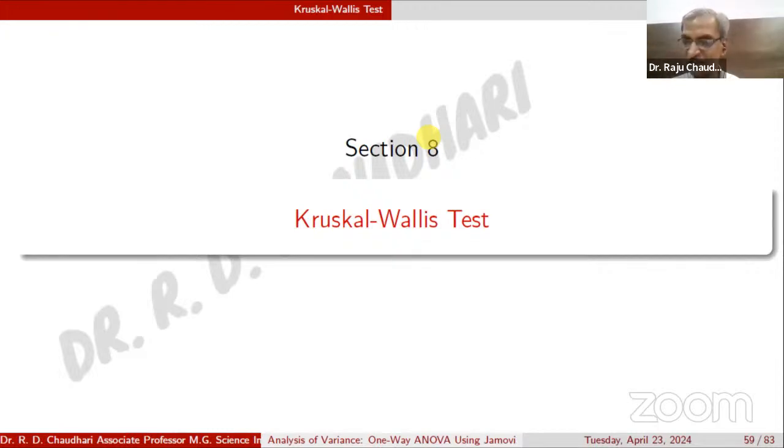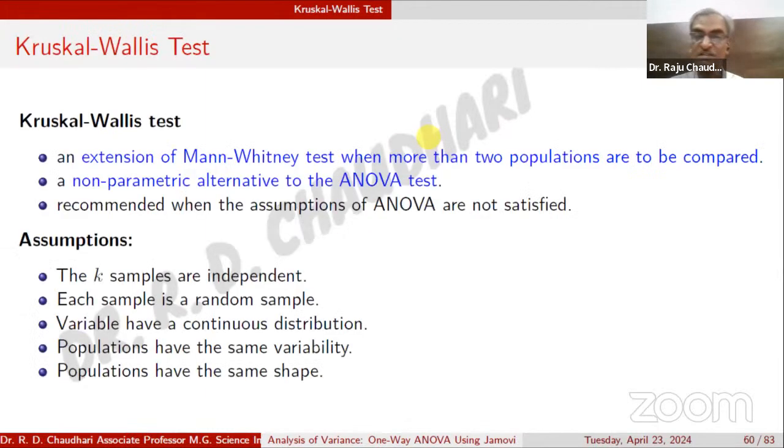In exactly the same way, for ANOVA type data, if the data is not normal for one-way ANOVA, we can go for the Kruskal-Wallis test. It is an extension of the Mann-Whitney test when more than two populations are to be compared. It is a non-parametric alternative to the analysis of variance technique, recommended when the assumptions of ANOVA are not satisfied about the normality.